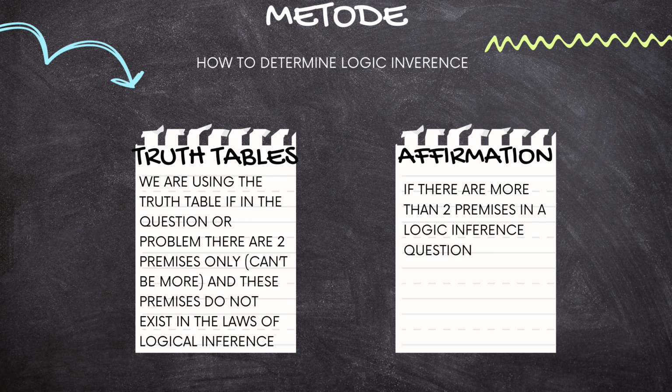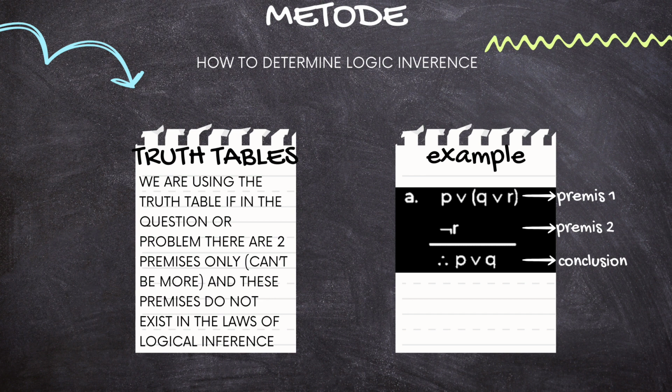To decide or prove a logical inference, we have two ways. The first way is to use a truth table, and the second way is using affirmation, or using the laws of inference. What is the difference between the two, and when can we use them? So, the first is the truth table.